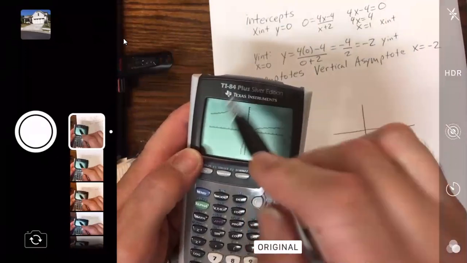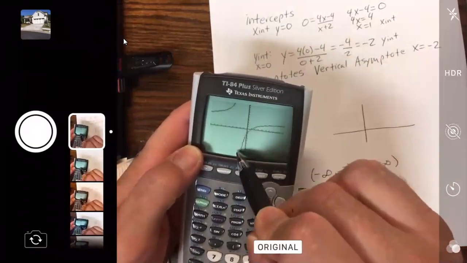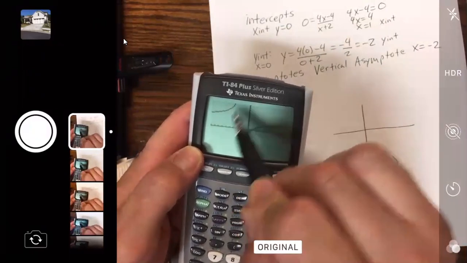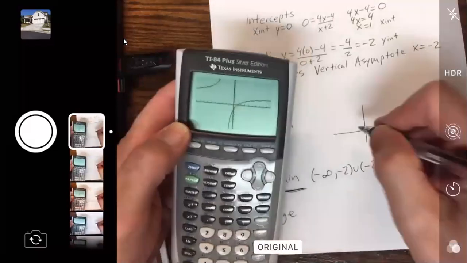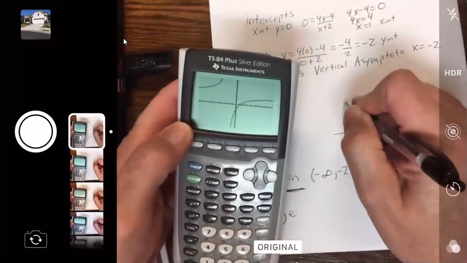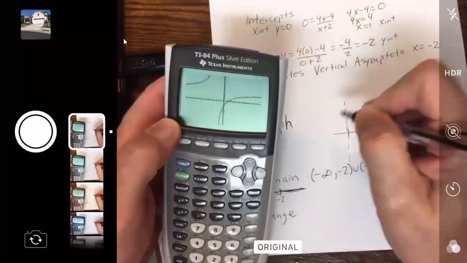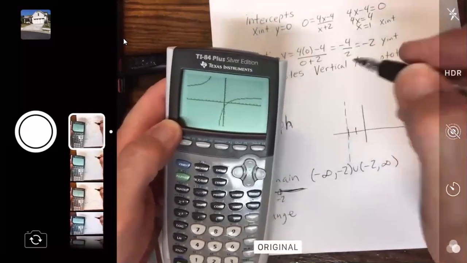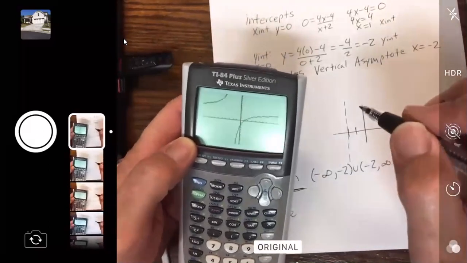You can kind of see it off of here. It's really blowing up at -2 there, and it would be doing the same thing here. I could see it better if I increase the Y max. So I'm really at -2. I've got my vertical asymptote, and I am blowing up.